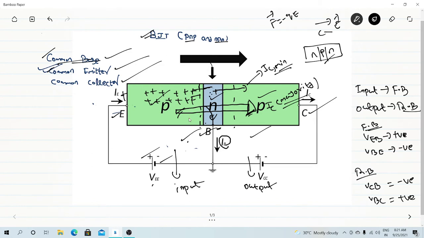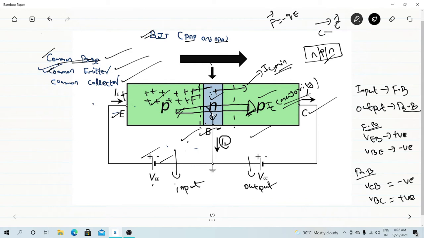So I will repeat again. Here holes are the majority carriers in the P side. As the depletion layer is very small, these holes can diffuse from the P to the N side, and in the N side they behave as the minority carrier, and they can easily cross the junction, they can easily cross the barrier.